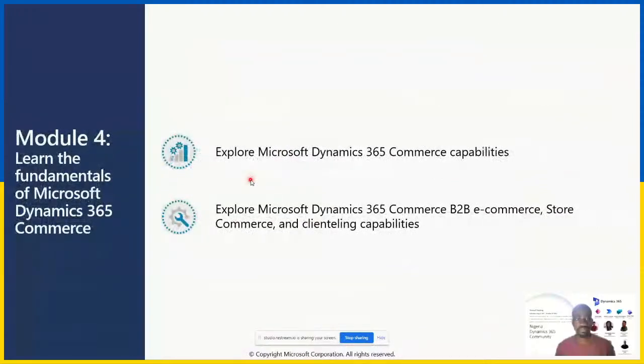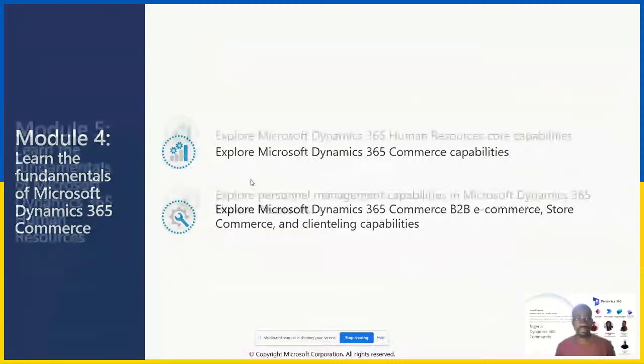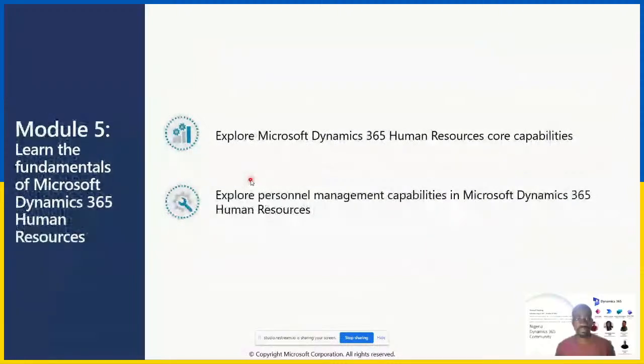There we'll see how we can create and raise sales orders, and the rest of them. Then in module five, we will look at the human resource module in Dynamics 365. Here we'll look at the onboarding process, recruitment, how we can do performance reviews for our staff, and how we can also create courses or trainings in Dynamics 365 and assign or invite some of our workers to these trainings.